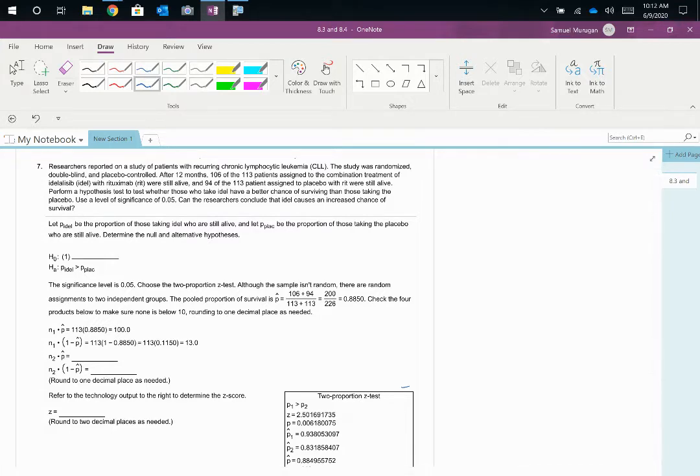Researchers reported on a study of patients with recurring chronic lymphatic leukemia, CLL. The study was randomized, double-blind, and placebo-controlled. After 12 months, so all of those conditions are met, right? Double-blind, independent of each other. In other words, randomized and controlled with a placebo.